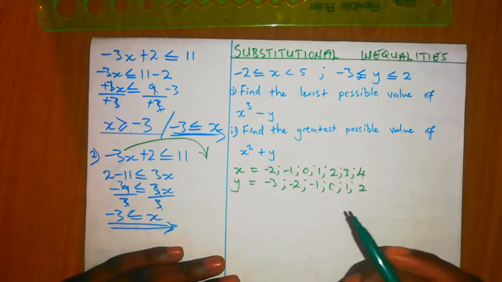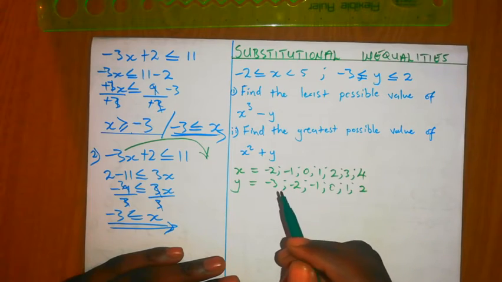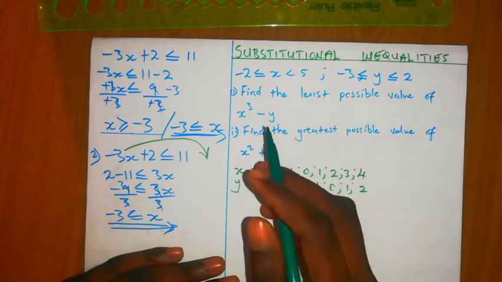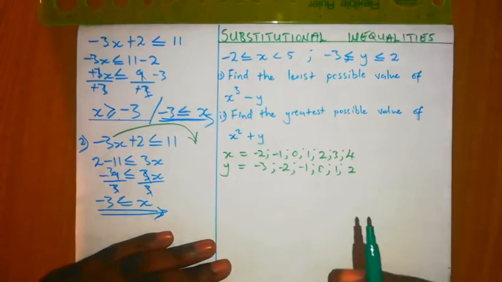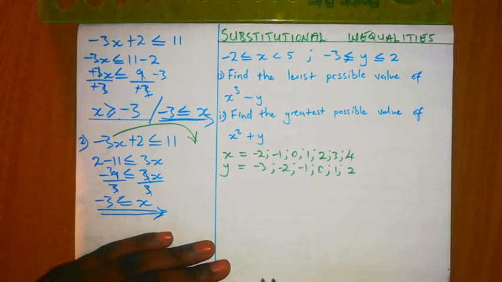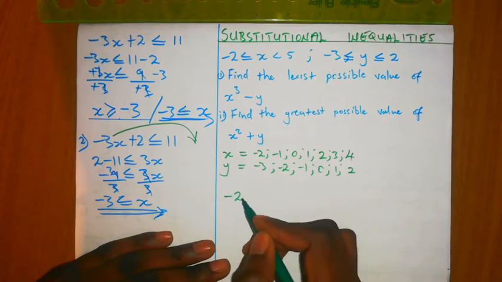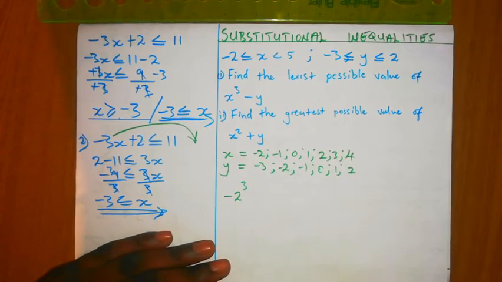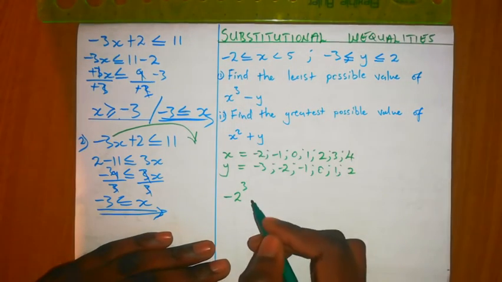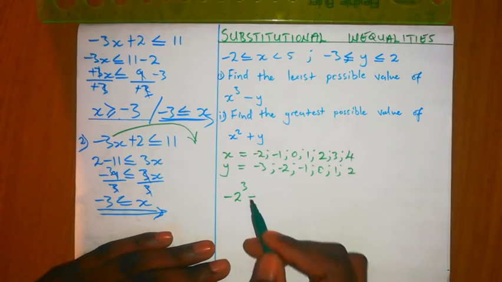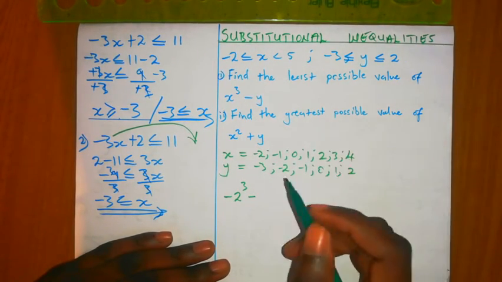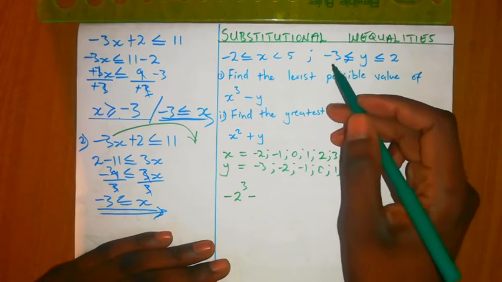So what is the least? In order for me to determine my least value, what I understand is that the least value is the negative value. So in this case, I'm going to use -2, then cube it. I'll then consider that negative. Then here, I'm not supposed to put a negative value.